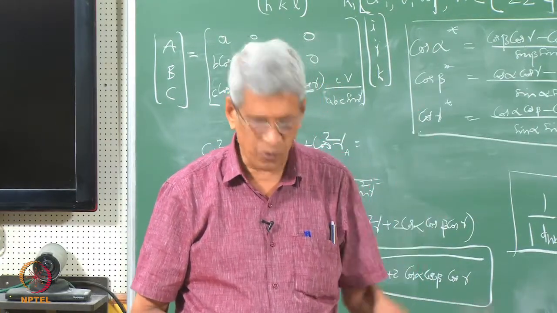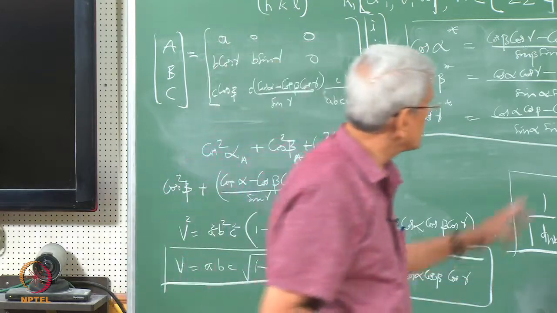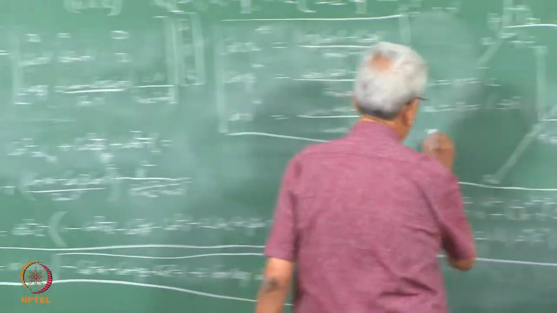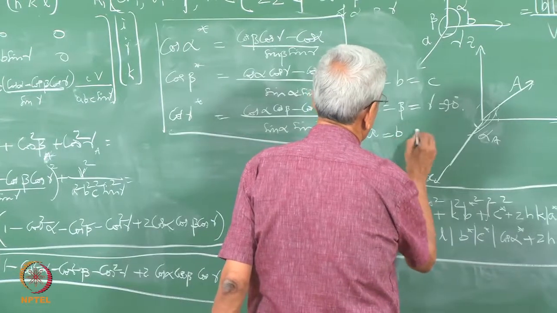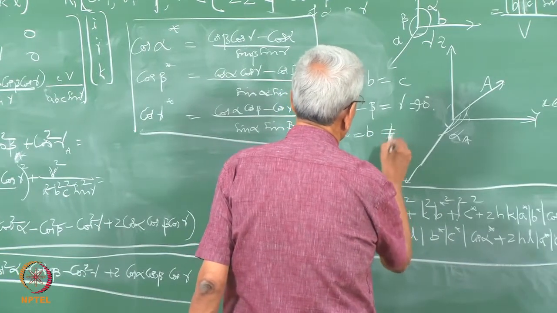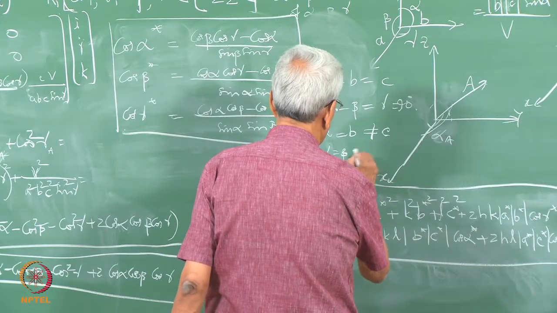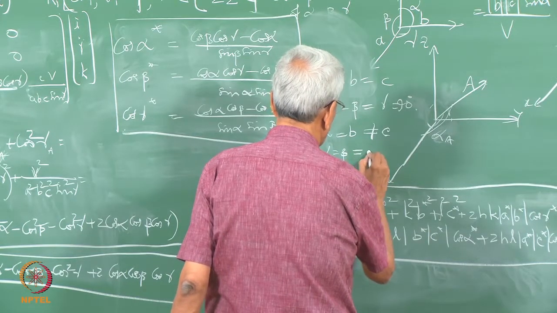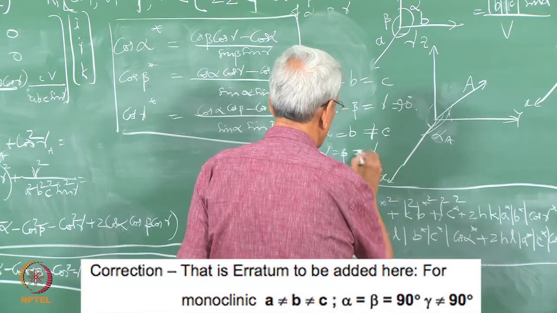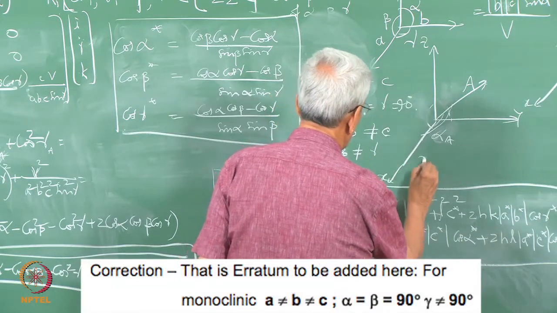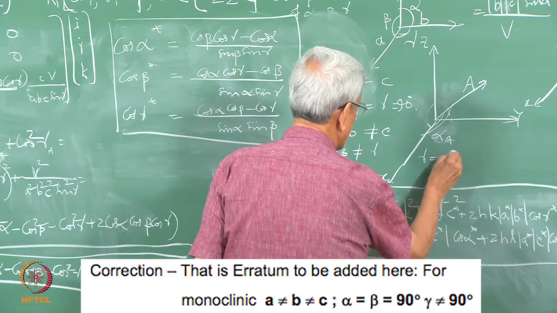Similarly, if it is a monoclinic structure, then we know A not equal to B not equal to C, alpha equals gamma equals 90 degrees, and beta not equal to 90 degrees.